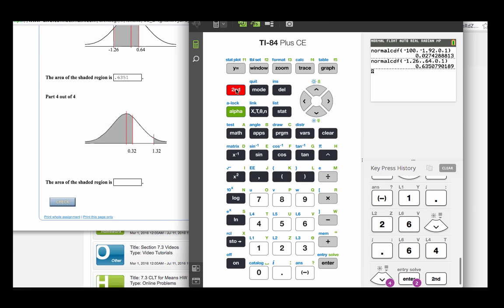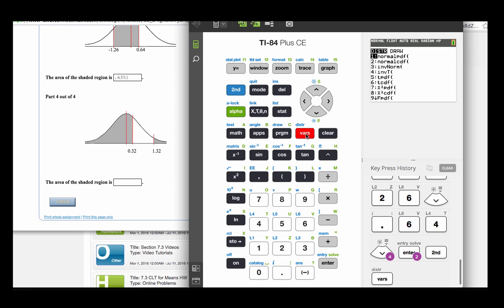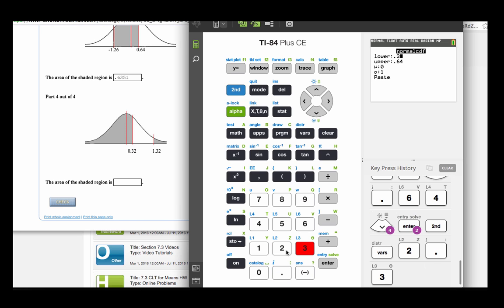So we'll do the same thing. Second distributions, normal CDF. Now our lower will be 0.32 and our upper will be 1.32.